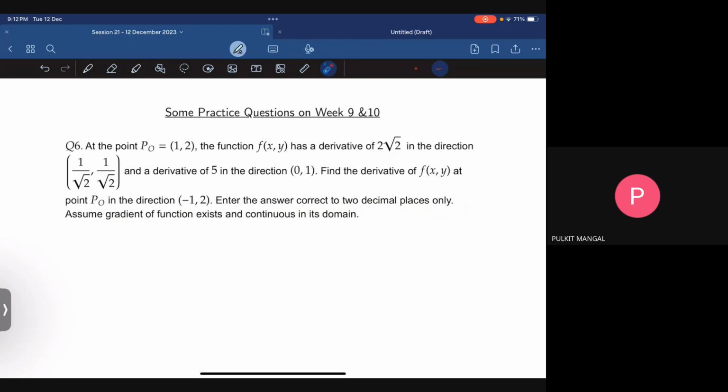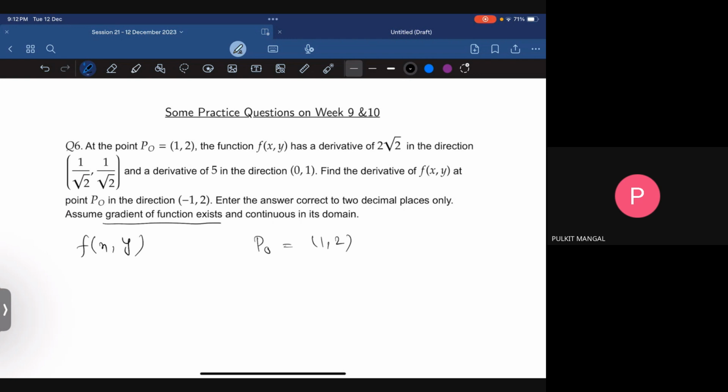Okay, so how can we solve this question? Does anybody have any approach? What we are given is one function f and one point 1 comma 2. The last line says the gradient of the function exists and is continuous in its domain.